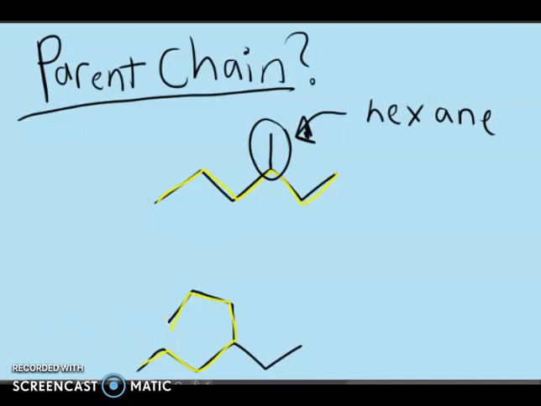And that's more than 6, so we're still going to have our ANE ending. And 7 is HEPT, heptane. So just be aware that professors or on tests you might see the chain kind of branching and not just going straight across. So let me switch us back to lecture mode and I'll tell you what to do about these weird side substituents.